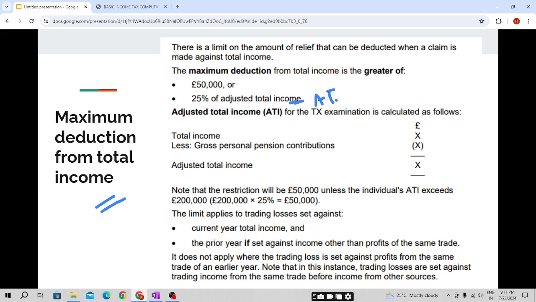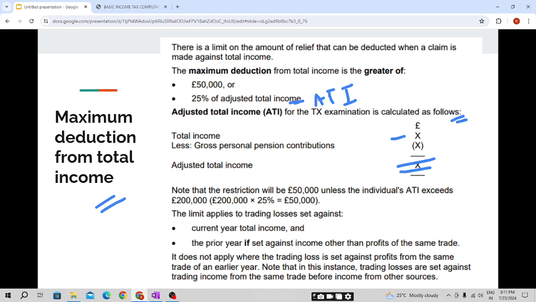What is ATI? Adjusted total income for the tax examination is calculated as follows: total income less gross personal pension contribution will give rise to the adjusted total income. I hope this is clear, students.